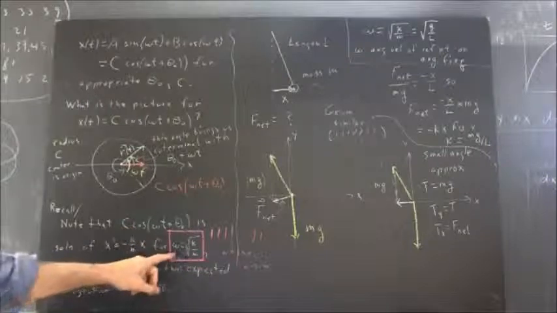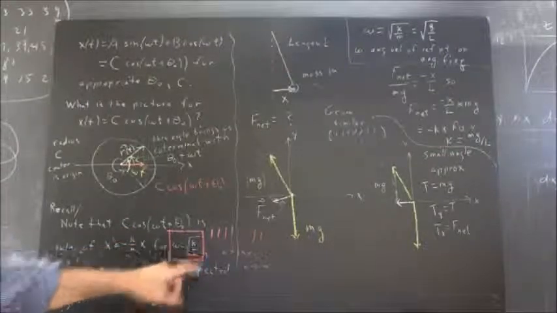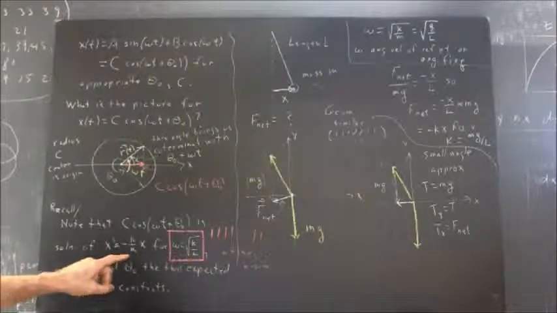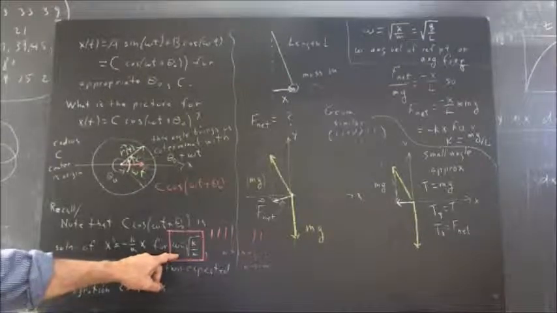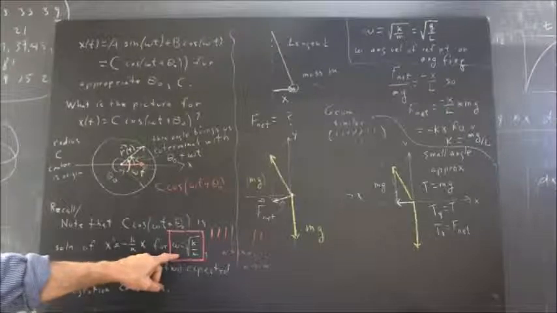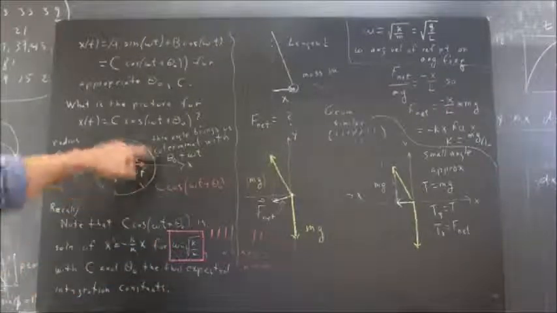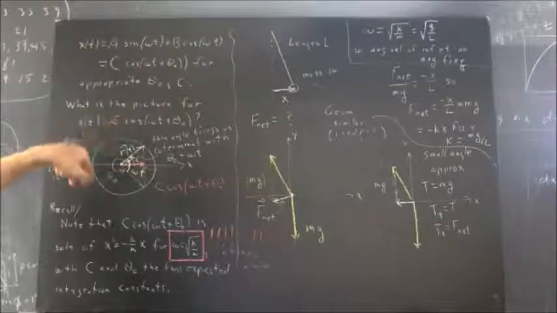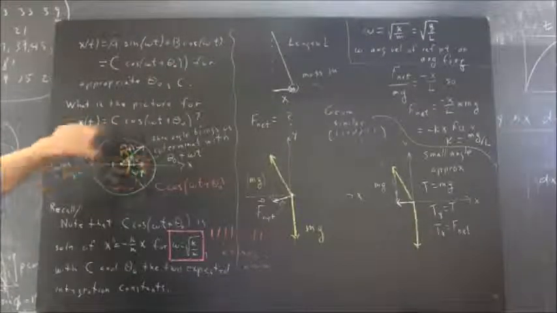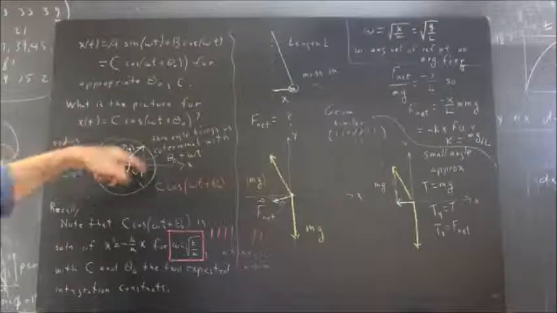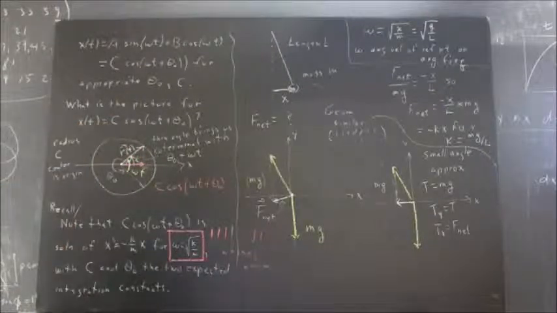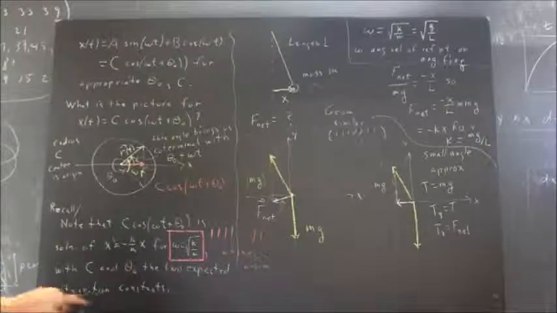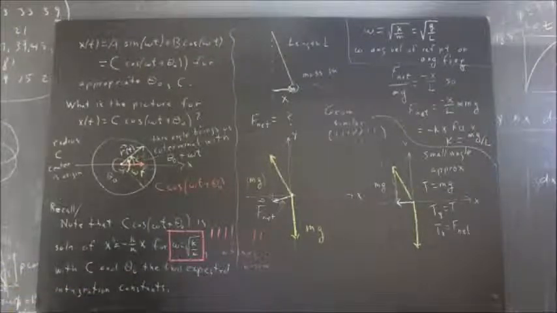Important to understand that omega equals square root of k over m comes from this equation, and to understand how it comes from this equation. Also, what omega means. Omega is simply the angular velocity of our r of t vector around the reference circle, or if you want to call it the angular velocity of the point around the reference circle, that would also be valid. c and theta naught are our two expected integration constants.